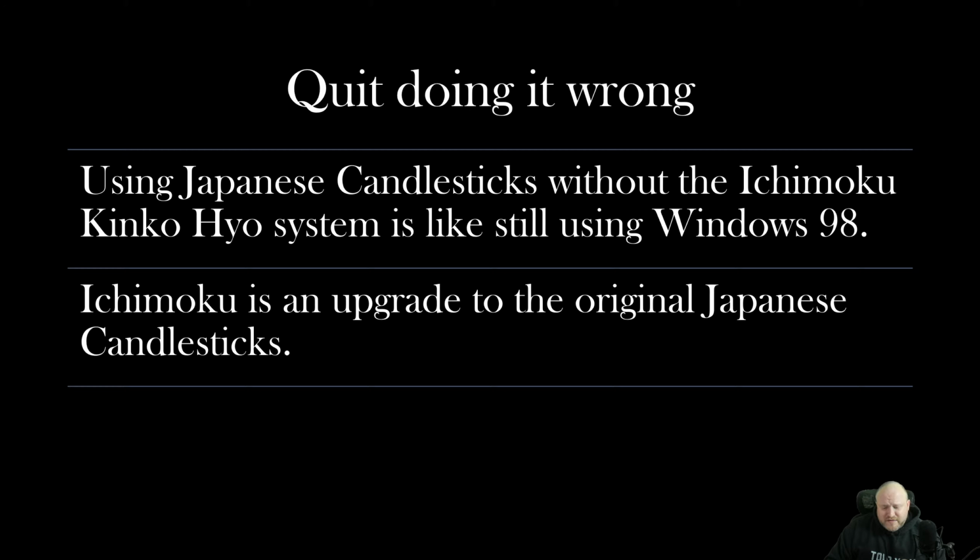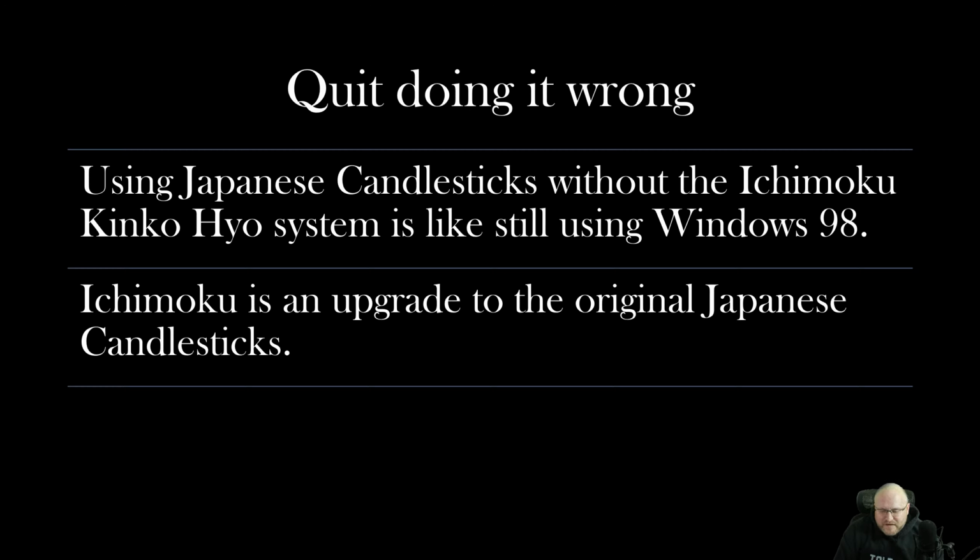There are a lot of reasons for that, but the primary one is that the guy who created the Ichimoku system, Goichi Hosoda, designed it to be an upgrade of Sakata's original work on Japanese candlesticks. Japanese candlesticks were developed before the Meiji Restoration, during the Edo period when the Tokugawa shogunate was still a thing.